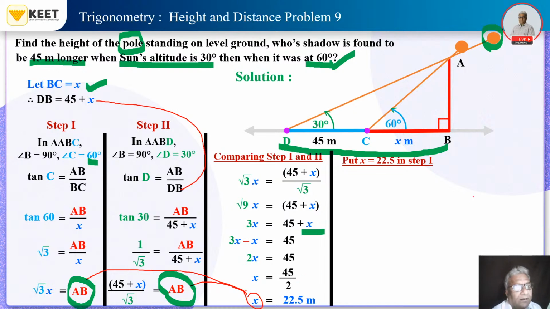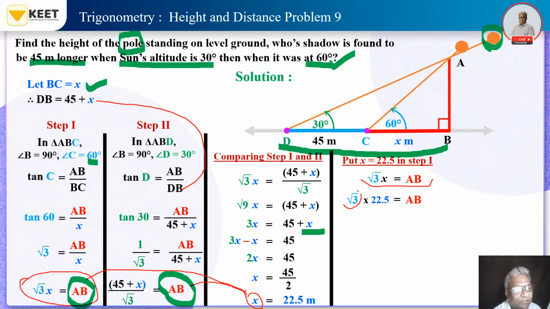So put x equal to 22.5 in step 1, that is, root 3 x is equal to AB, taken from this position. Now the value of x which we got in the previous step is 22.5. Just substitute there. It will become root 3 into 22.5 is equal to AB.